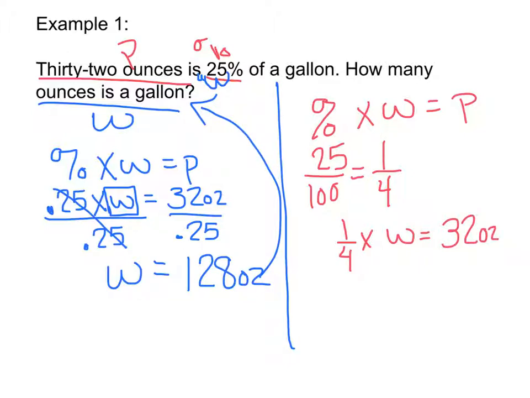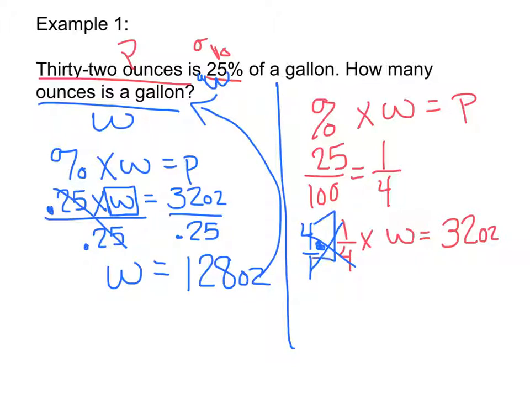Okay, same thing. Instead of multiplying by our whole here, we're going to have to multiply by the reciprocal, or divide by 1/4. Instead of dividing by 1/4, we're going to multiply by the reciprocal since it is a fraction. So we're going to multiply by 4/1 since that's the reciprocal.